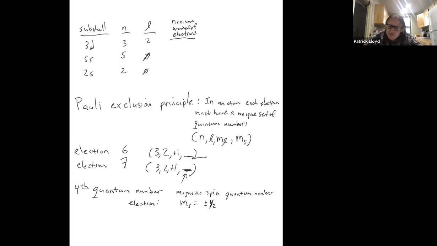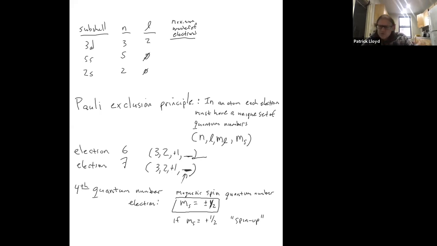It's behaving as though it were spinning one direction or the other, but it is actually not. And so I want to be careful about the words that I use. Let's be more careful and just say there are 2 possible values. If m sub s equals plus 1/2, we call that electron spin up.